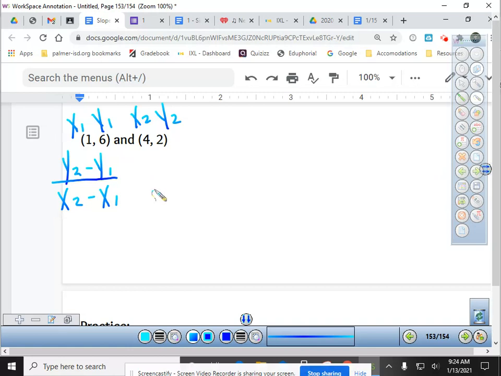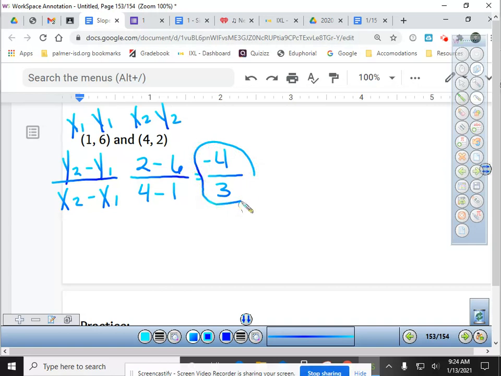Guys, that's a directive. I'm telling you to write the formula. Failure to do so, you will not be happy. What is Y2? 2. Minus Y1? 6. What's X2? 4. Minus 1. Be careful. What is 2 minus 6? Negative 4. What is 4 minus 1? 3. Is that lowest form? Yes.